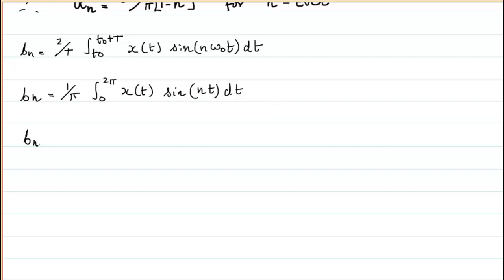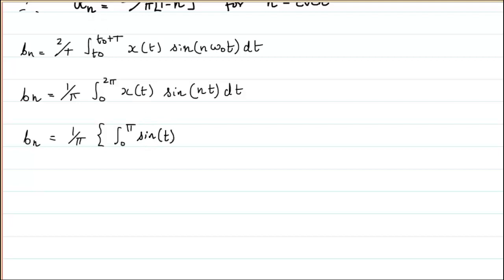So bn is going to be equal to 1 by pi, and within bracket I will get from 0 to pi, it is going to be x of t is going to be sine t, correct?